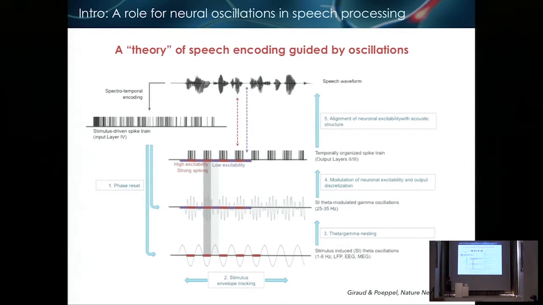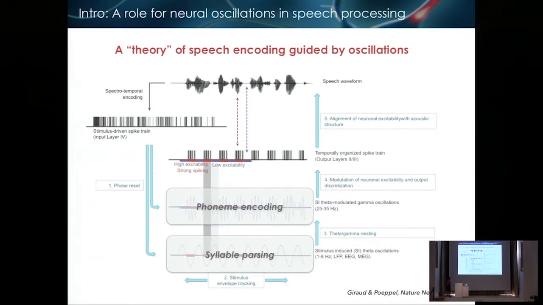And ideally, if things are ideal, there should be some alignment between the excitability phases with the moments of speech where there is something important to code, basically the onset of syllables. But this scale, the theta, is the scale that is important for syllable parsing, and this scale, the gamma scale, is important for phoneme encoding. Again, these are hypotheses. And this silent period could be important conceptually for top-down prediction to exert themselves and interact with the perception process.